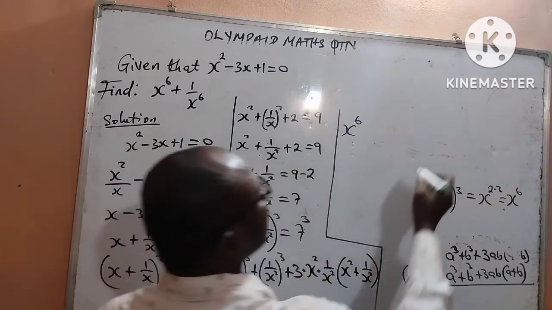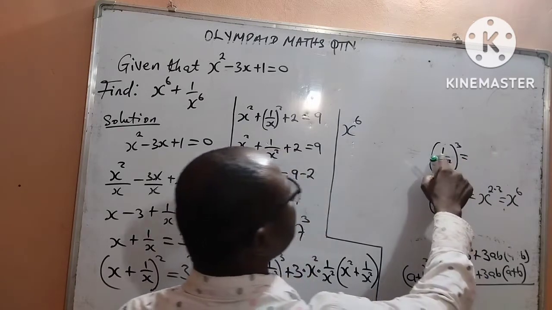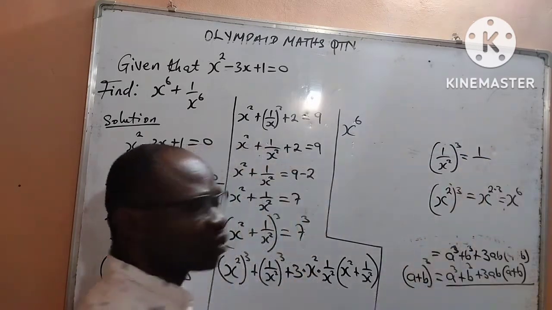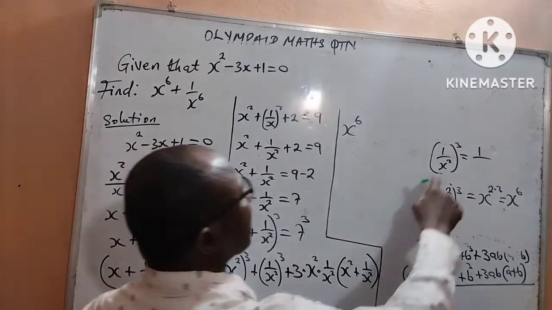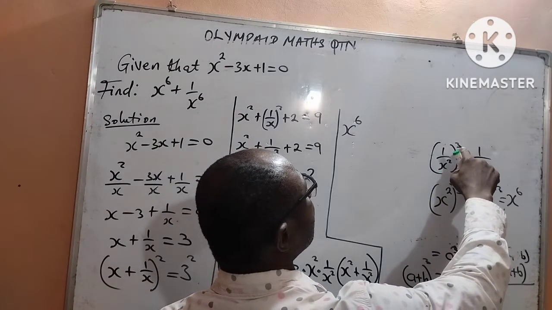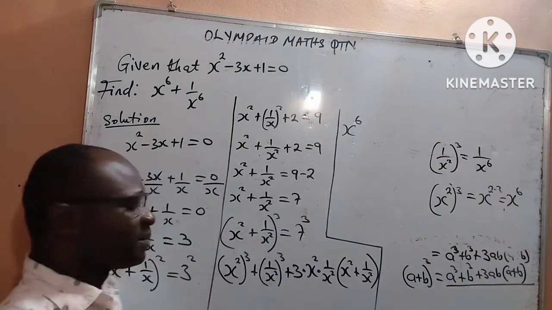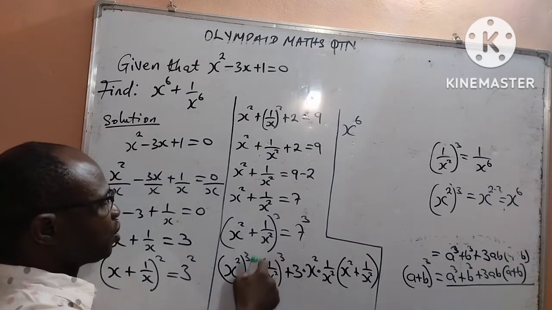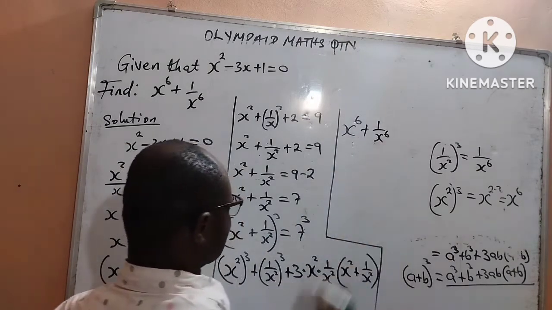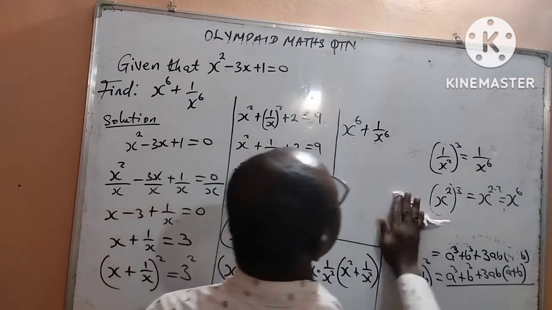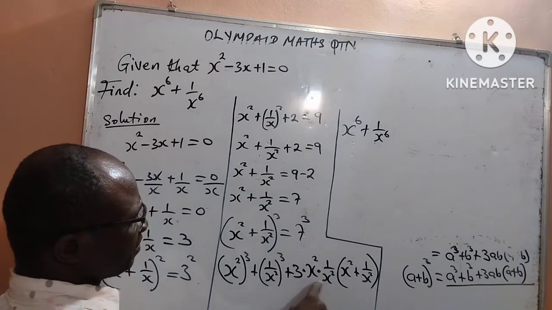Then here, I have (1/x^2)^3. What it means is that 1 to the power 3 will still give me 1, that is 1 times 1 times 1. Again I have (x^2)^3, which is the same thing I have here as x^6. What that means is that (1/x^2)^3 is going to give me 1/x^6. Very beautiful.